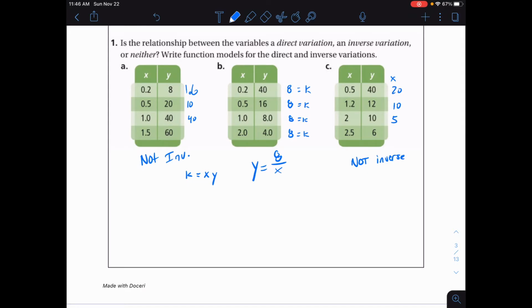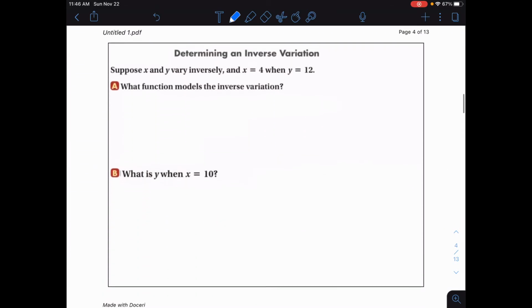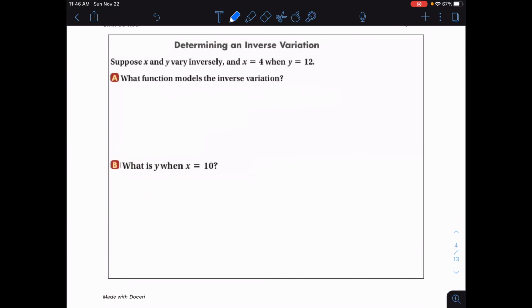All right, let's keep going. Here it says, suppose x and y vary inversely and x is 4 and y is 12. We saw some of these back in a previous chapter for direct. What we want to do is, it says, what function models the inverse variation? Well, it's inverse variation, so we know we're going to start with y equals k over x, our base inverse format.